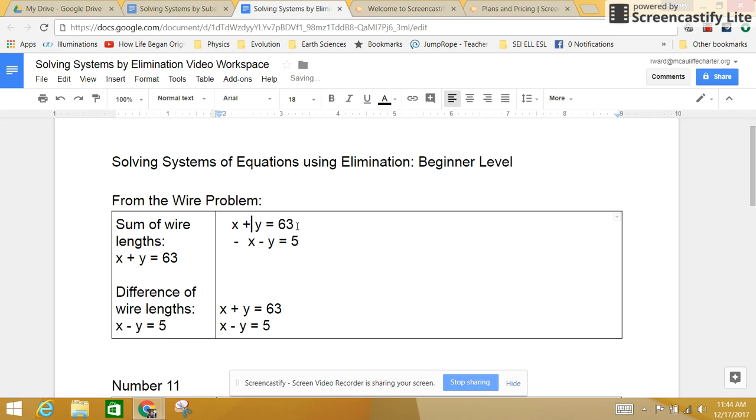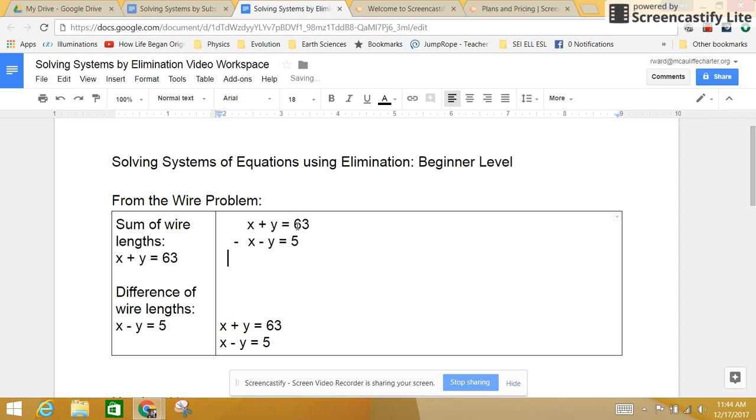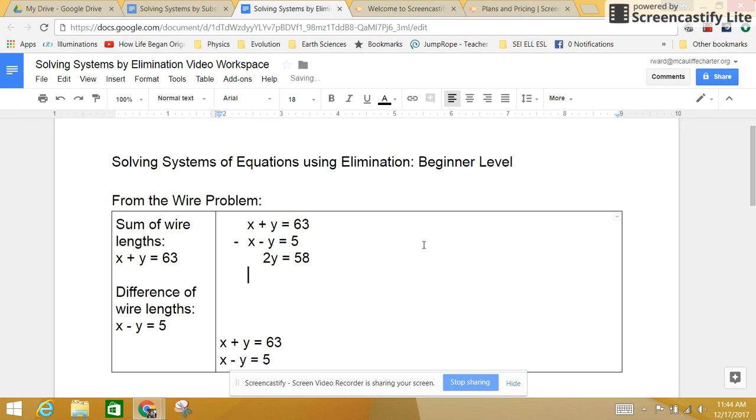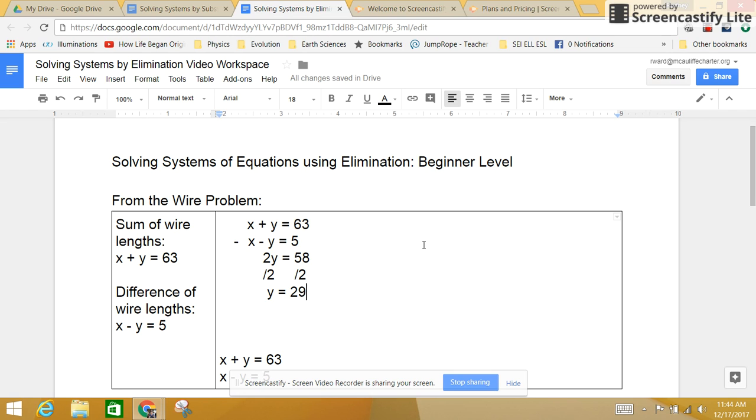I'm going to subtract the equations from each other, and I'm going to end up with x minus x is nothing, and y minus negative y is 2y, and 63 minus 5 is going to be 58, and then we divide both sides by 2, y will equal 29, because 58 divided by 2 is 29.